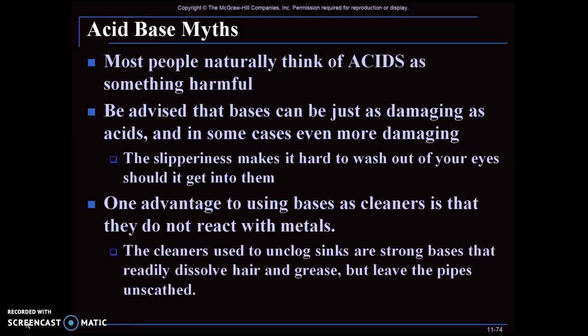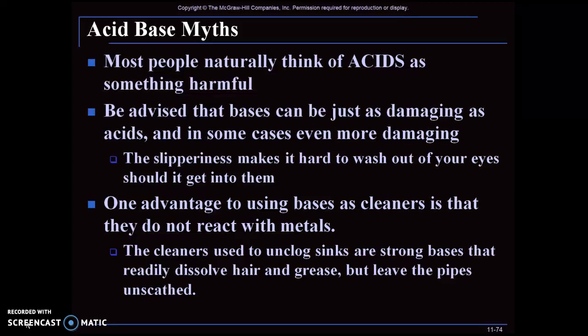So we have to use some material to neutralize it and then wash it off. One of the advantages of using bases as cleaners is that they do not react with the metals. That is why we use all this soap. Those are slippery things, and we use them to wash the metal utensils or things like that, because they do not react with metals.